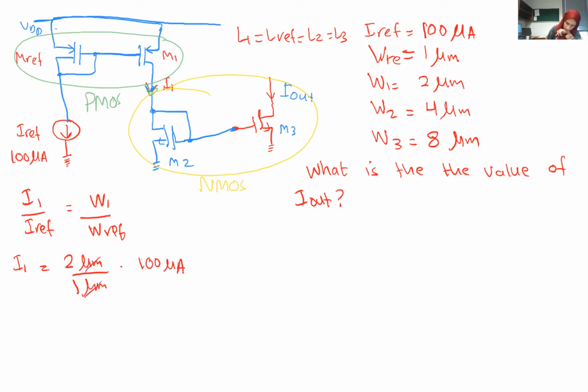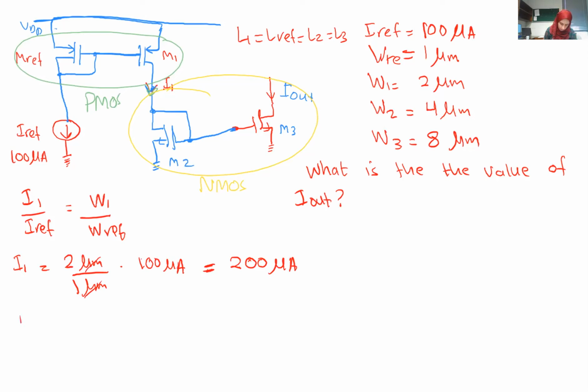The micrometers cancel, so it will be 200 microamps. This is in relation with IREF, and the same I1 is going into M2, so it is acting as a new reference current for the NMOS current mirror that we have here.